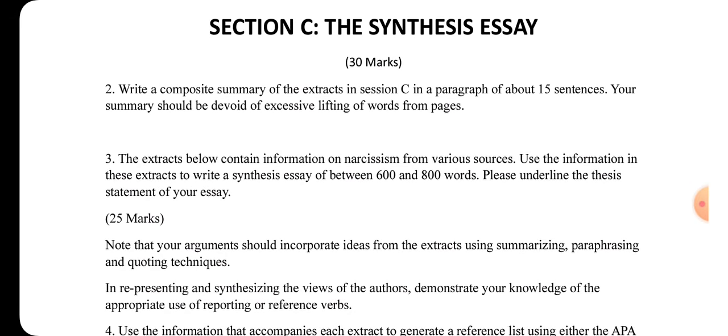You have to cite well with proper citation and proper referencing. It will fetch you marks. So referencing and citation form part of this synthesis essay, and you must know how to cite.